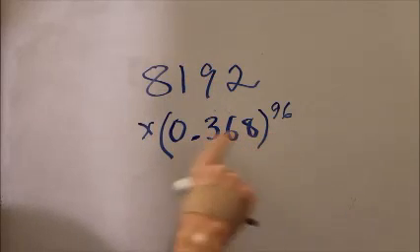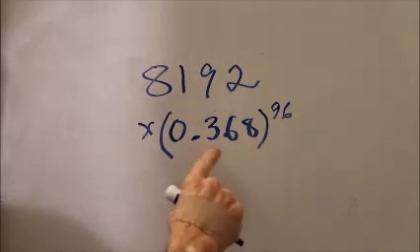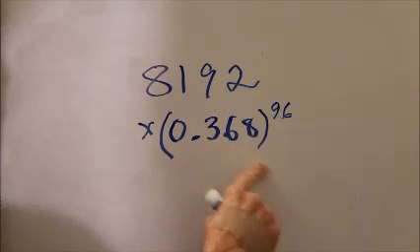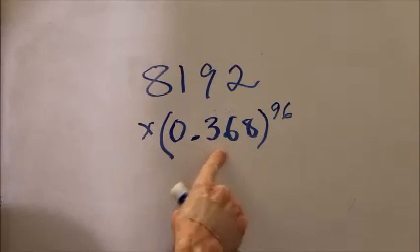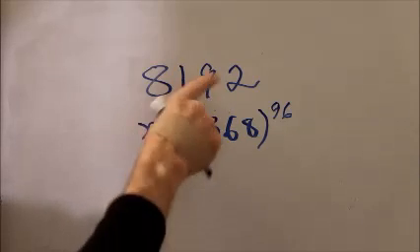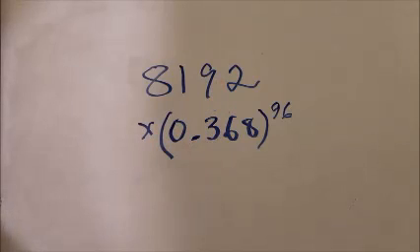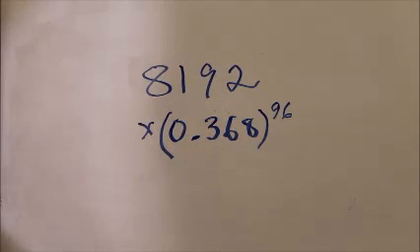8,192, and this is approximate again because the mean life of a neutron is approximately 15 minutes, but it doesn't take a whole lot of rocket science to figure out that this number is going to be a tiny, tiny number, something like 10 to the minus 40-something power. So after a full day, we shouldn't expect to see any neutrons left.